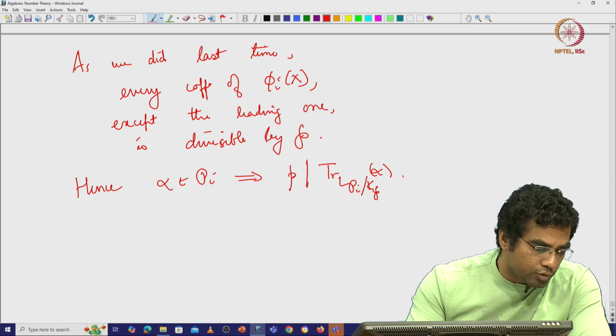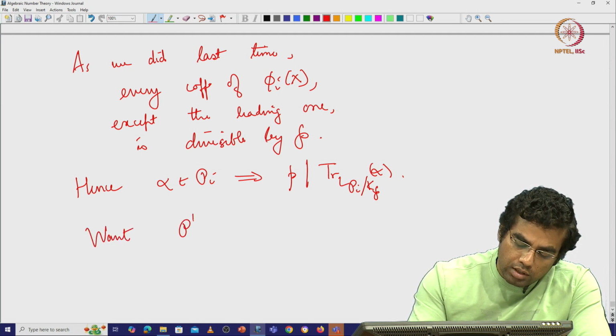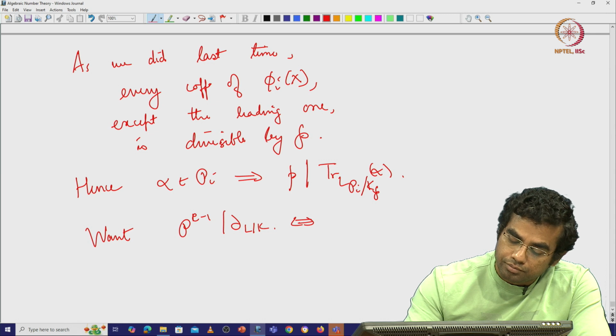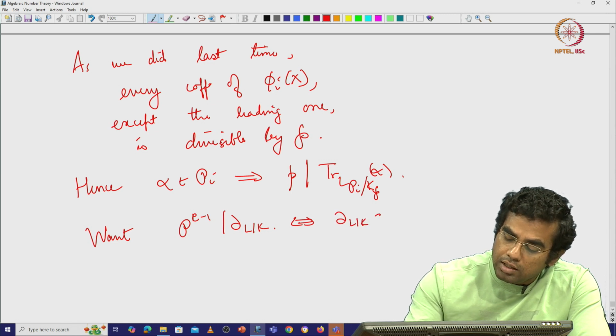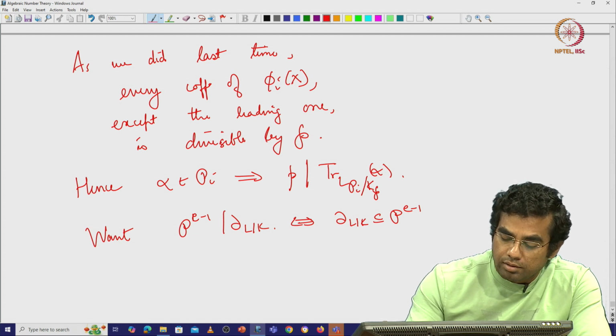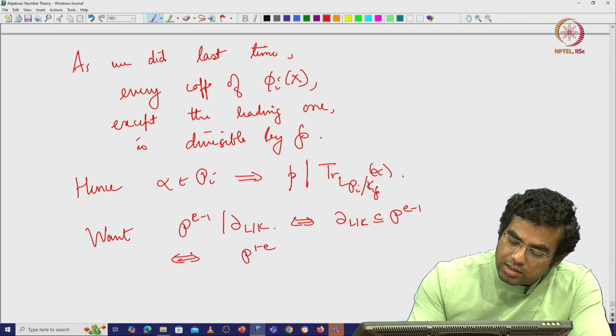So what do we want to prove? We want that P to the e minus 1 divides the different, right. This is the same as saying that the different ideal is contained in P to the e minus 1, right, which is the same as saying that P to the 1 minus e is contained in the different inverse.